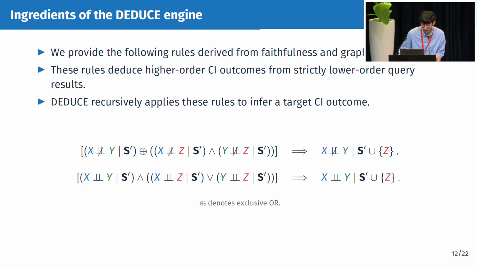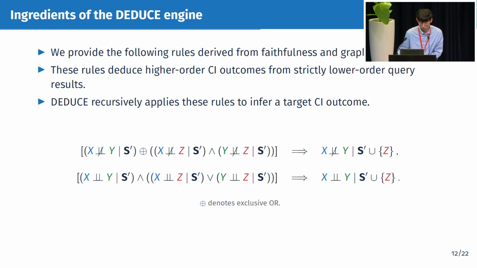So the ingredients of Deduce modules are sound inference rules derived from faithfulness and graph reductions. These rules allow us to infer higher-order conditional independence outcomes from strictly lower-order query results. The first rule here is used to deduce dependence, and the second one is used to deduce independence.